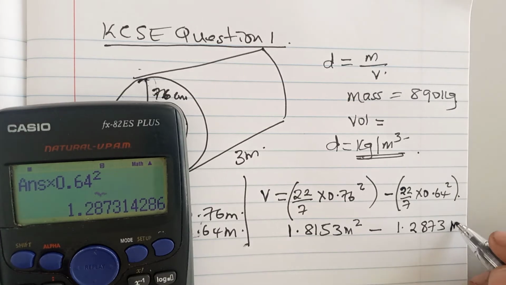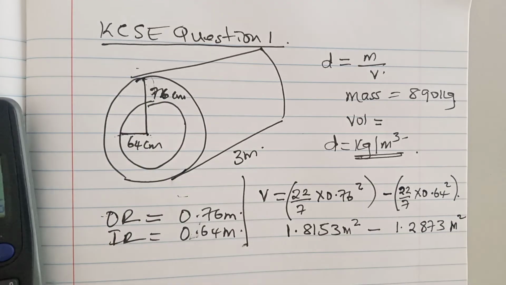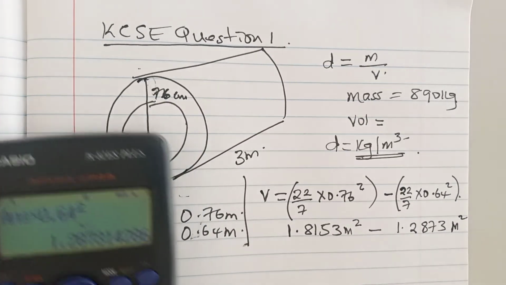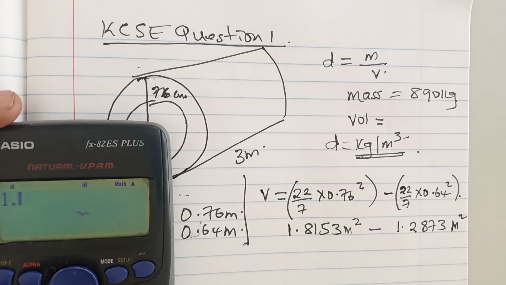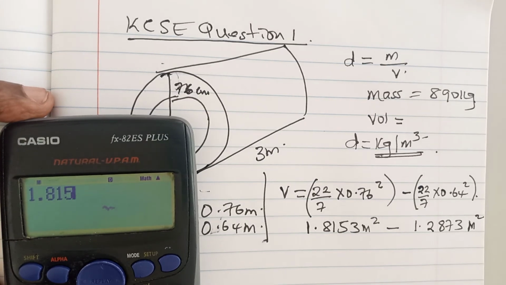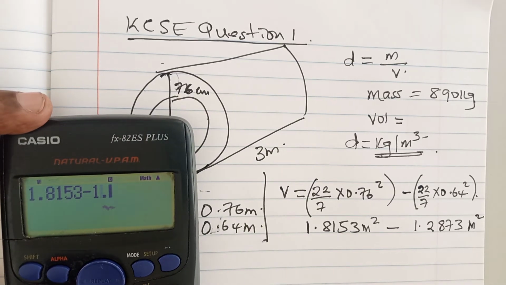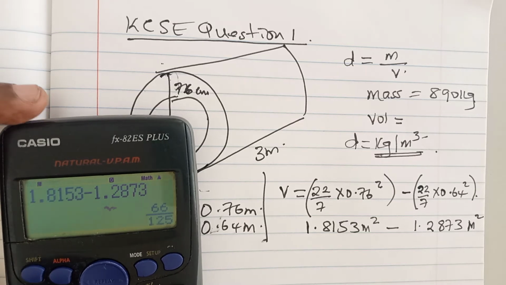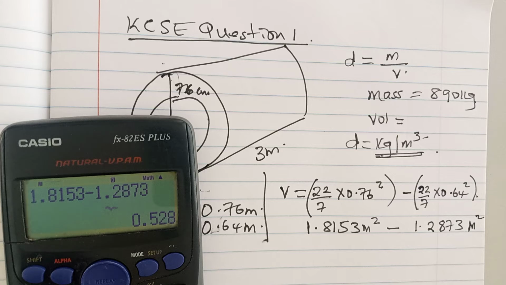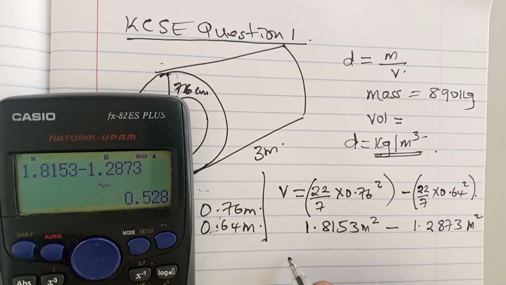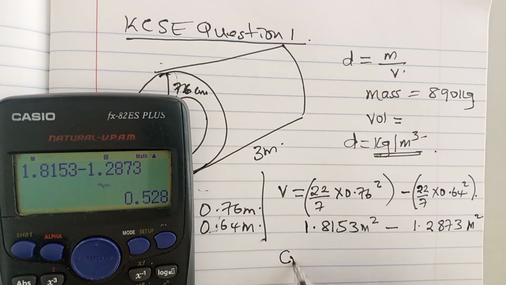So this is also meters squared. The cross-sectional area is this minus this: 1.8153 minus 1.2873, giving us 0.528.